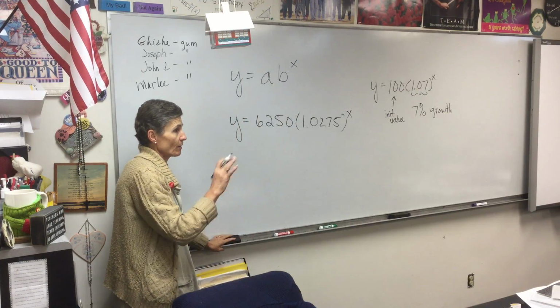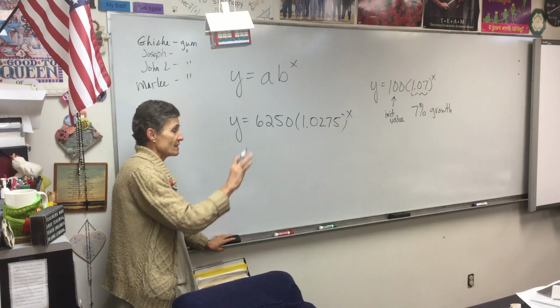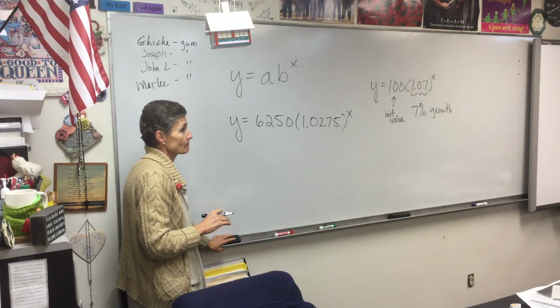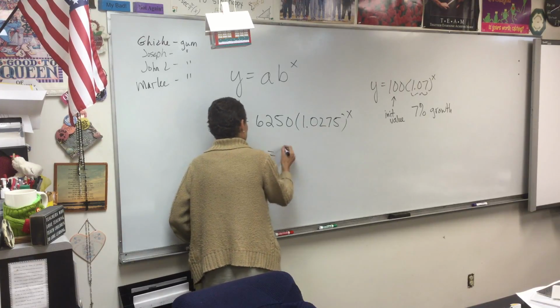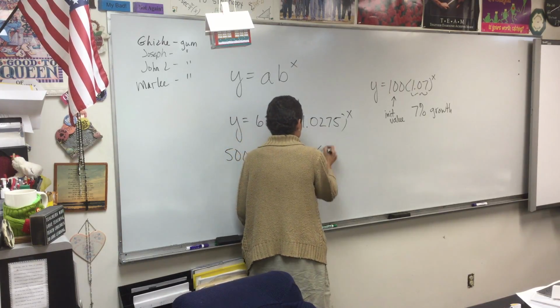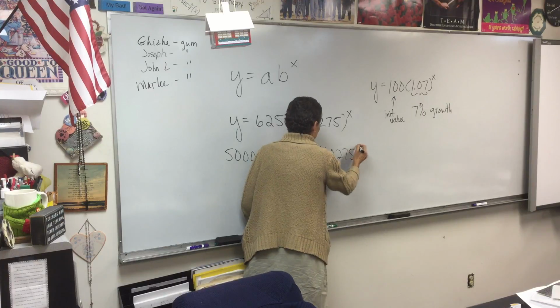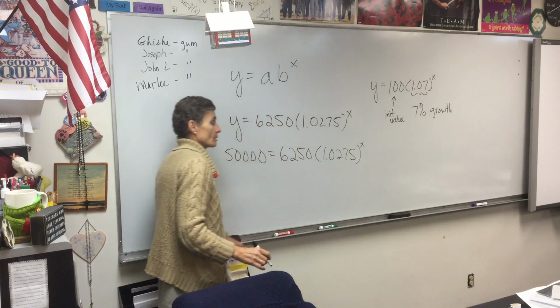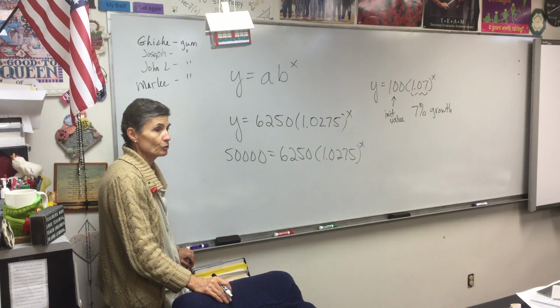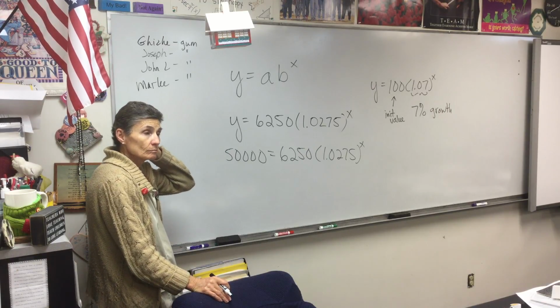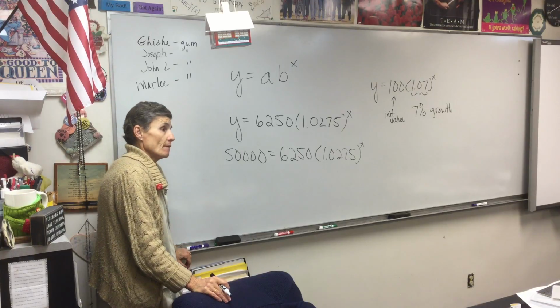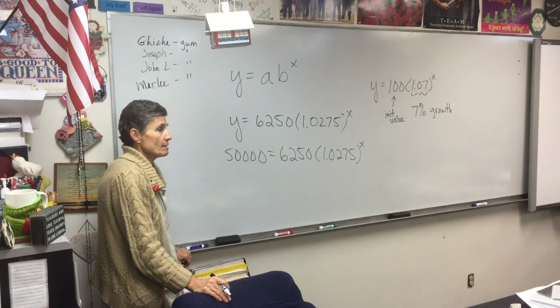How are we going to figure out when it's 50,000? Katie? This is a whole new ball game. Any thoughts on how we might proceed?